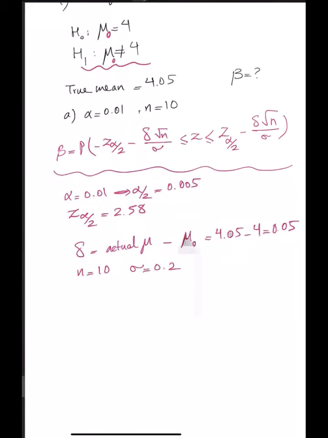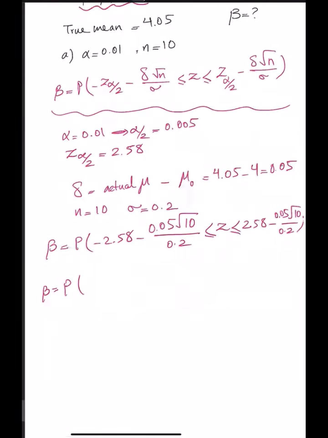So we have everything to be able to calculate that probability. So beta equals the probability of minus 2.58 minus 0.05 square root of 10 divided by 0.2, and similar calculations on the other side.